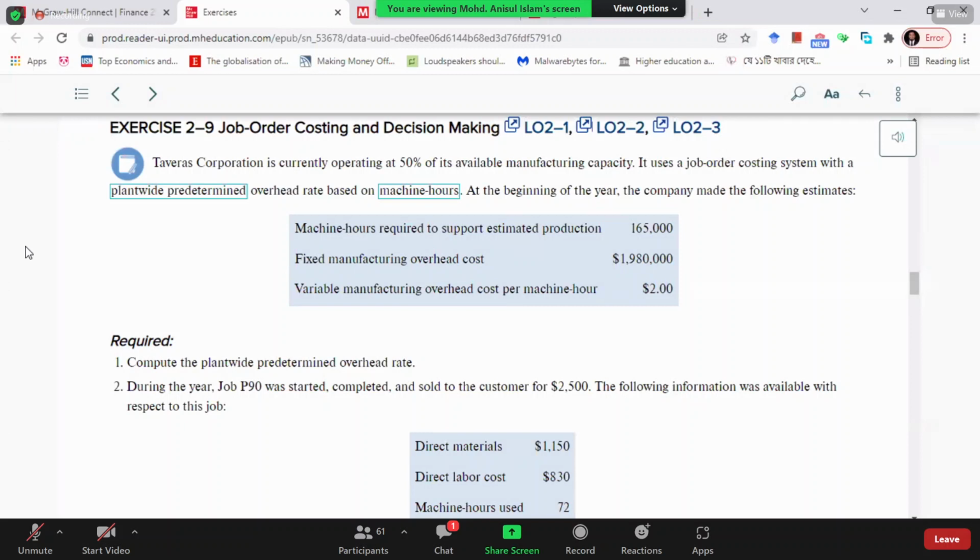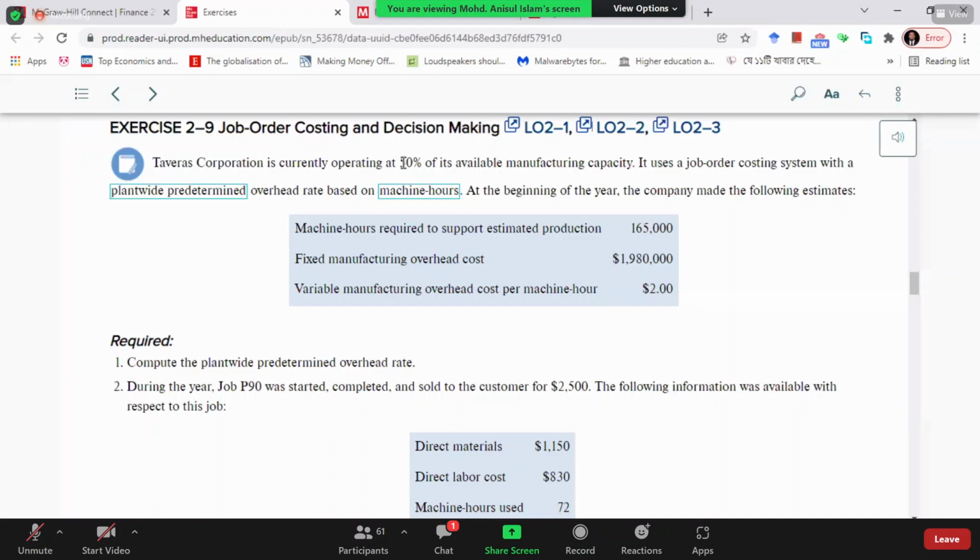But you have to look at what capacity the plant is operating. What is the plant capable of, and what amount of production is it running right now? The information here is that the plant is currently operating at 50% of its available manufacturing capacity.